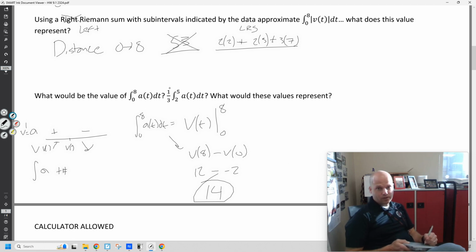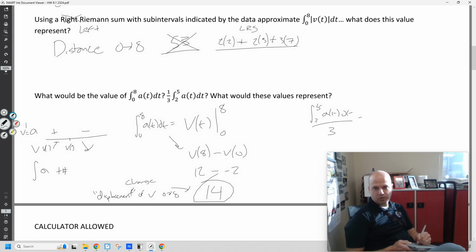Now here, the second one, this is the change or displacement of velocity from 0 to 8. Now here, we are trying to find the accumulation of acceleration and divide it by 3.